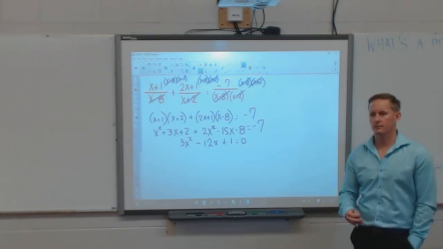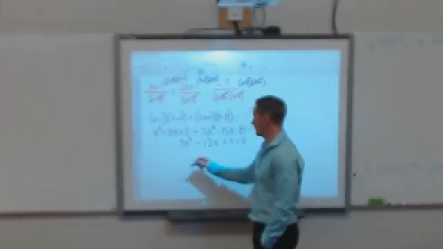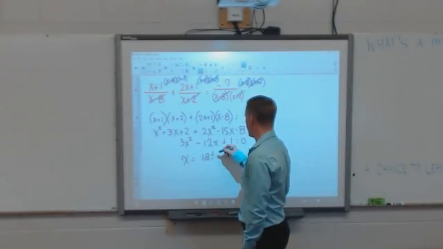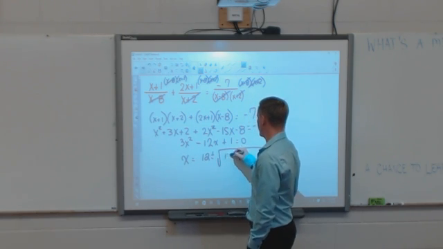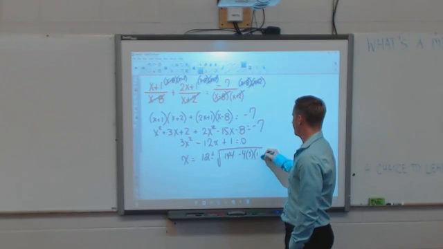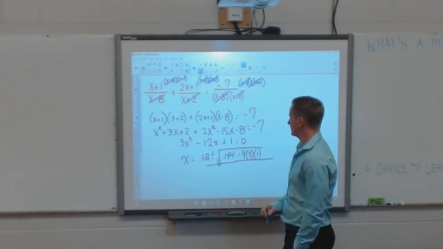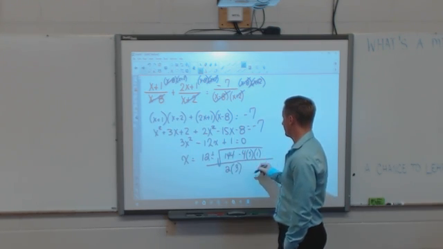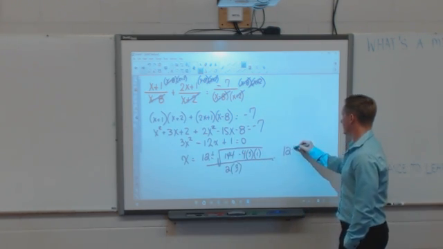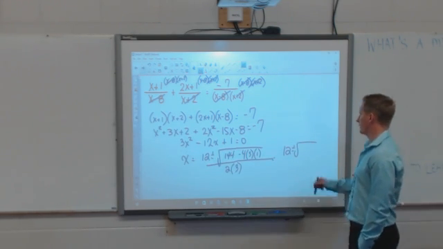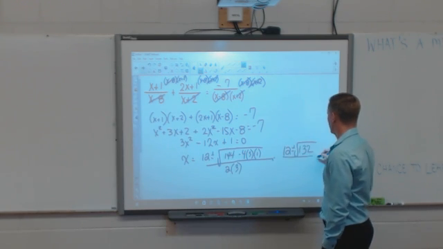Oh, boo. See how important it is to learn from unit to unit how to do things? X equals minus b, 12 plus minus square root of b squared, which is 144, minus 4 times 3 times 1, all over 2 times 3. So 12 plus minus square root of, what's that, 144 minus 12 would be 132 over 6.